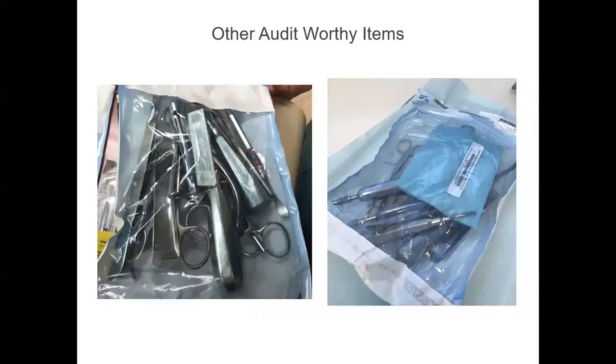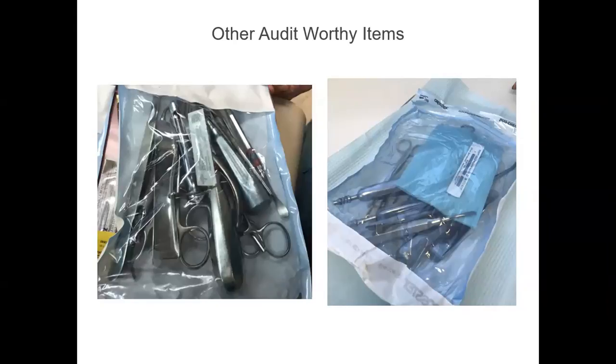So these two photos here, the one on the left, way too full. Also, there's several pairs of scissors in there in the closed position. So a good guideline to fill the pouches is when you lay the pouch flat, all of the instruments should line up next to each other, and you should never have any instruments that overlap one another.